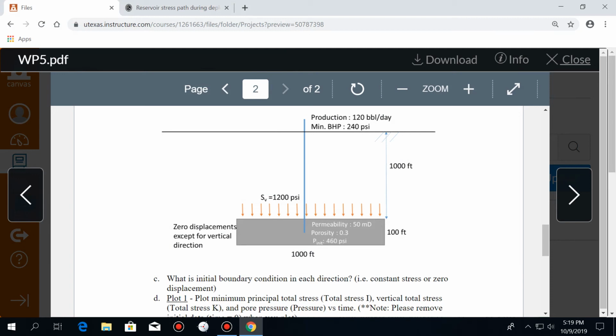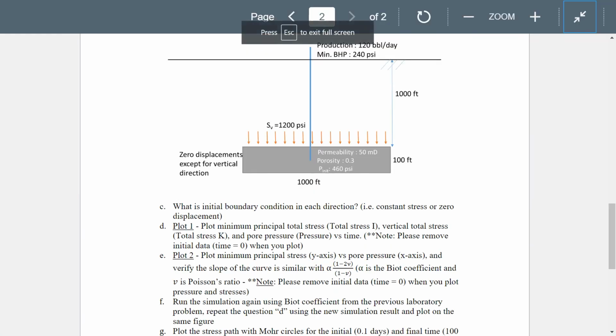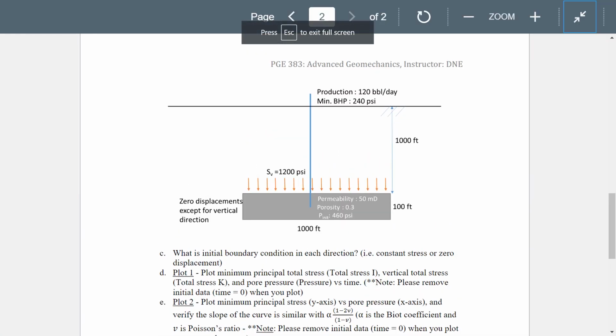So the second part of the project is going to be related to this problem of depletion.